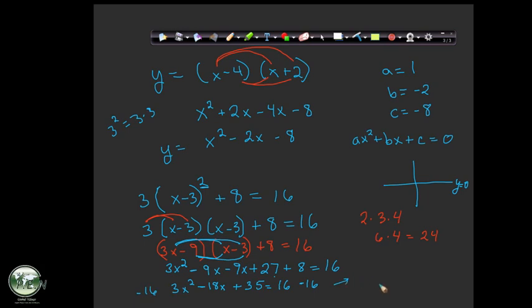So I can write my final answer over here. So I'm going to get 3x squared minus 18x. And I'm going to take 35 minus 16. And that's going to give me 19.